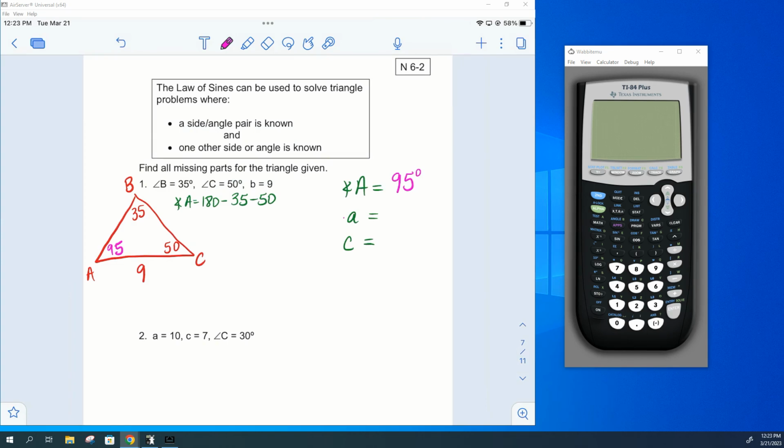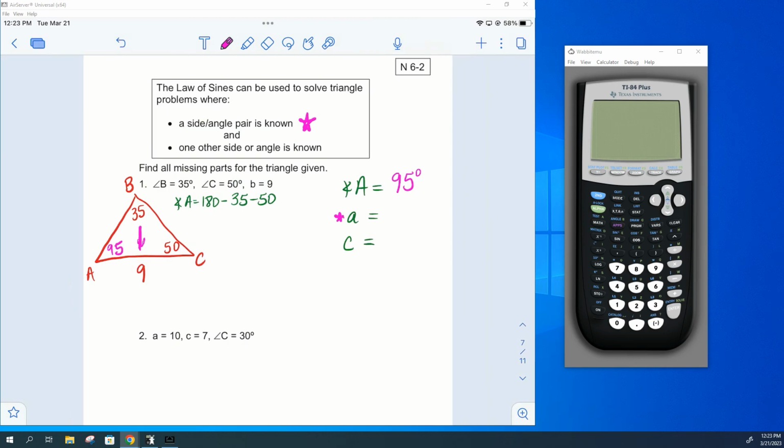In order to use the law of sines, notice this statement: a side angle pair is known. What I mean by that, do you see how in this triangle you have angle B and side b? That's what it means, a side angle pair is known. And then one other side or angle is known. And like I said, I'm going to go for side a first.